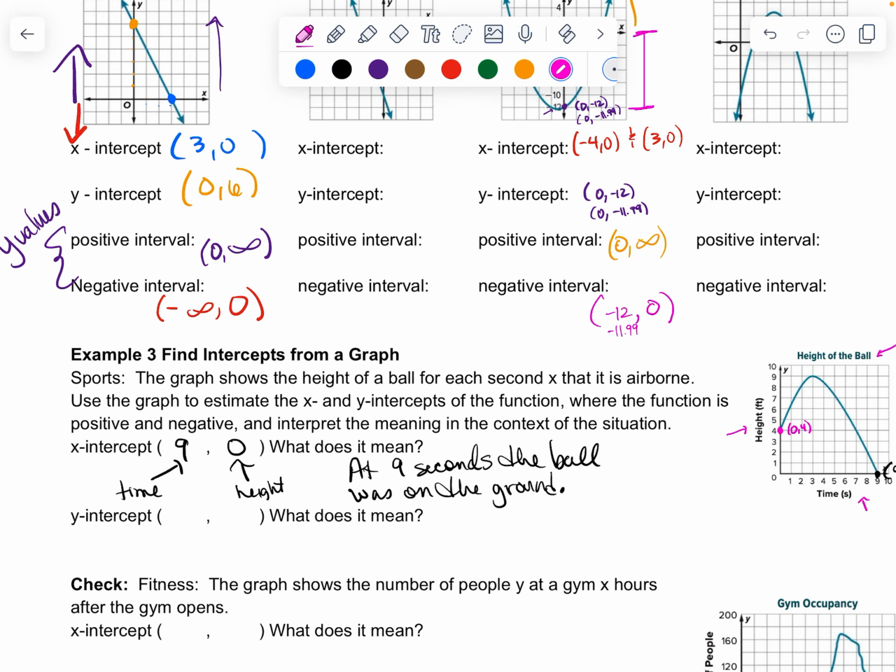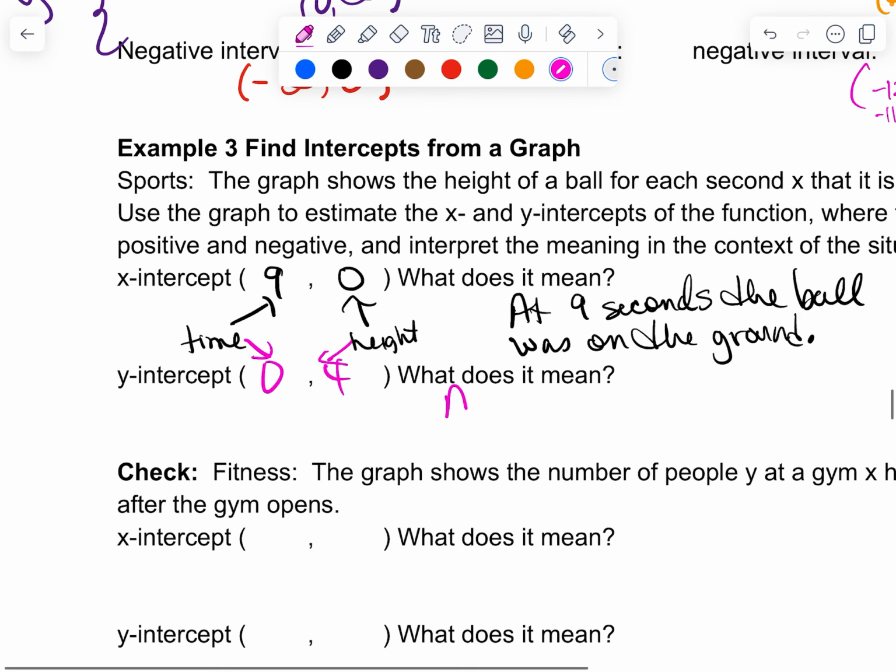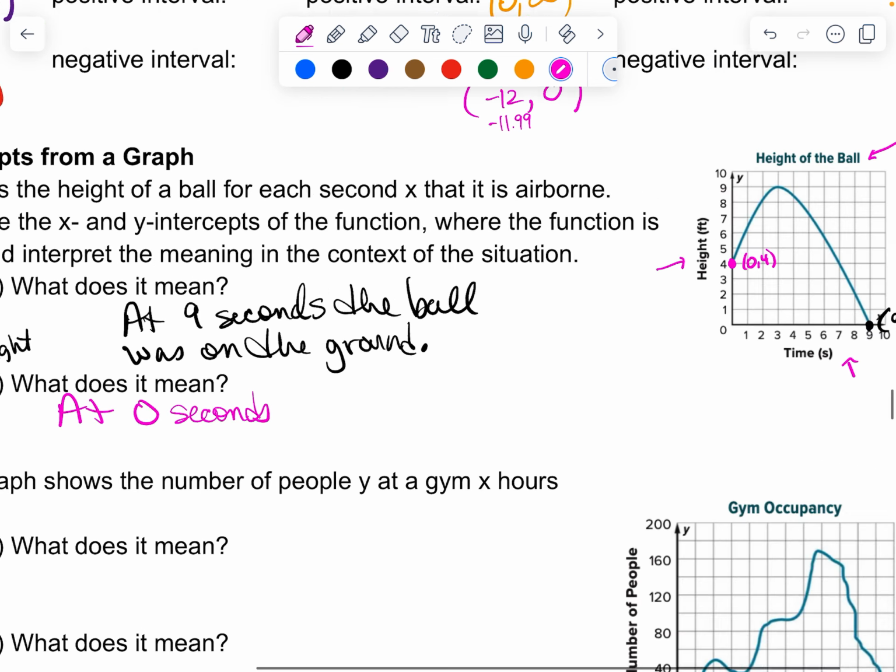Then we have 0, 4. Again, this is time, this is height. At 0 seconds. Now, we could do a better job of saying at 0 seconds.